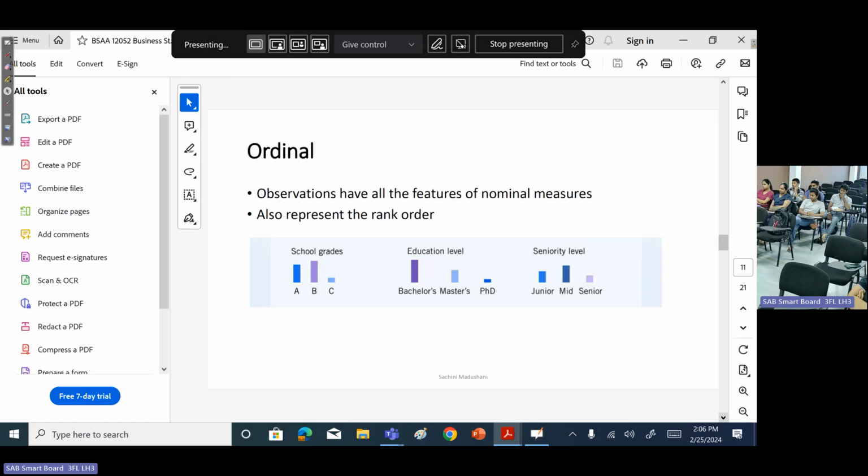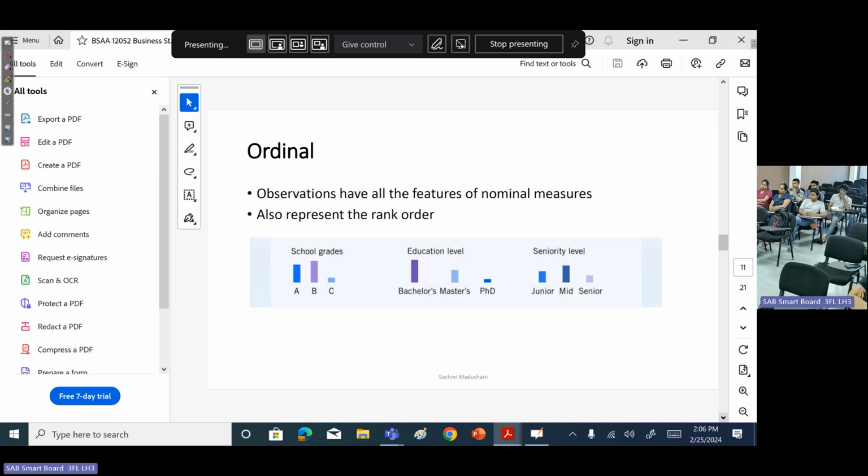Equal or not equal? That is the feature of the nominal scale. Equal or not equal is allowed. Then what other one? Which mathematical operation is used to rank it? Greater than or less than.